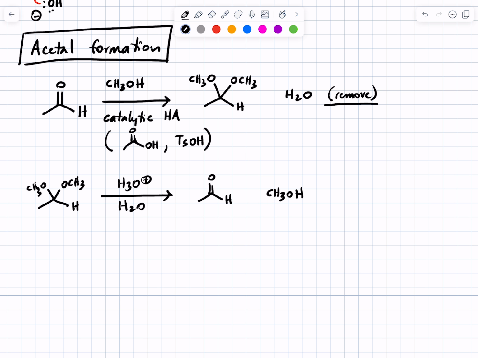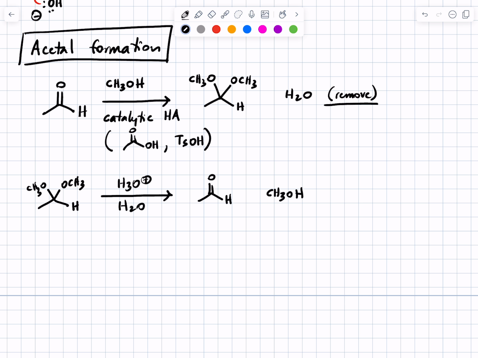At that stage, the alcohol is a good enough nucleophile to attack the pi star to give us a tetrahedral intermediate. Though you'll notice that this tetrahedral intermediate, like its oxonium ion precursor, is also positively charged, just on a different place.